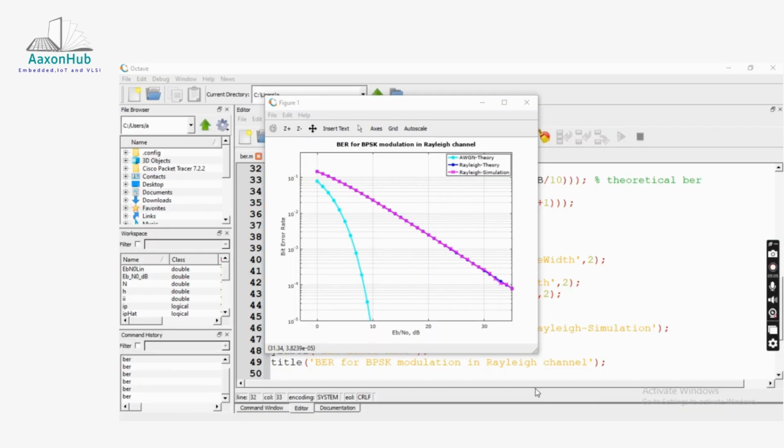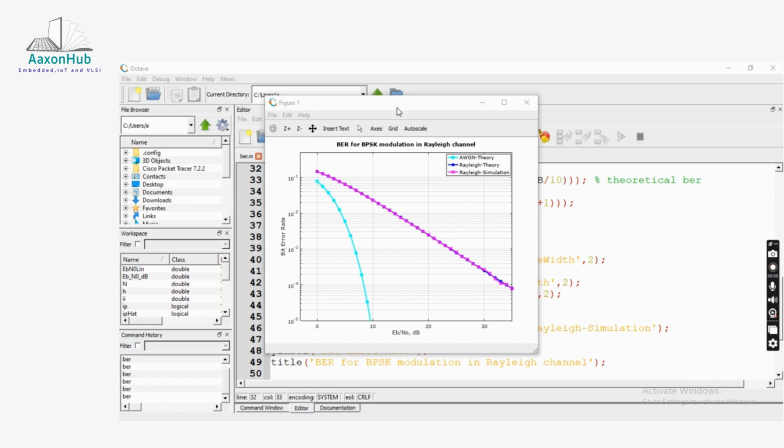Now, after the simulation, you will be able to see the BER graph for the BPSK modulation over the Rayleigh channel, where, as I have already told you, we will be comparing three values together: AWGN, Rayleigh theory, as well as the simulated Rayleigh BER values.